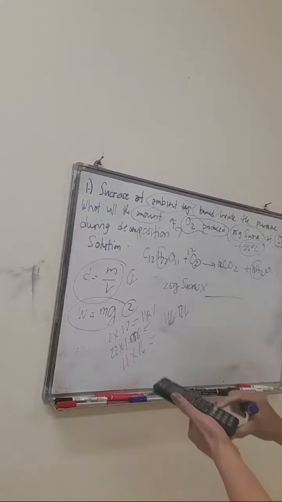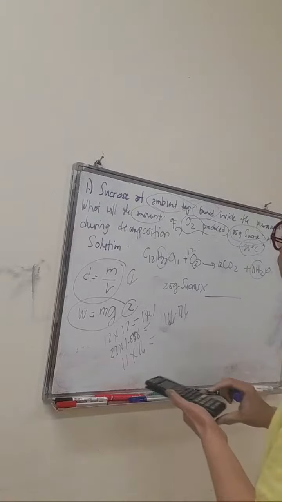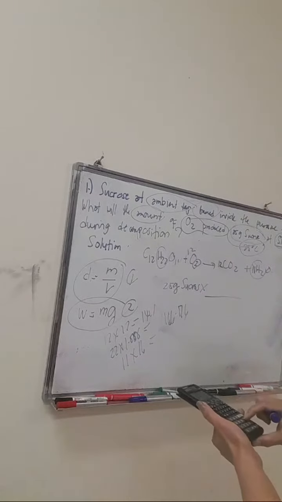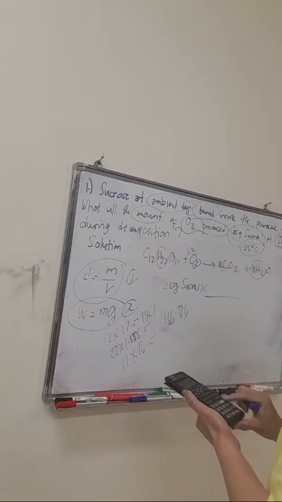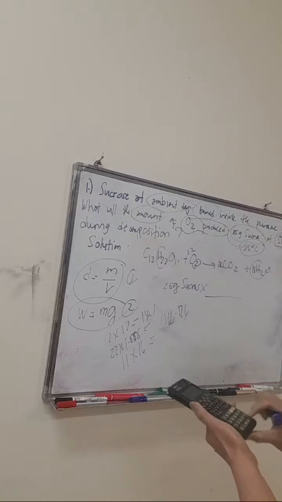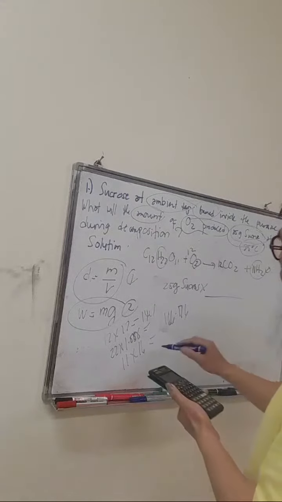Let's prove it. 11 times 16 is 176, plus 166, which gives 342.